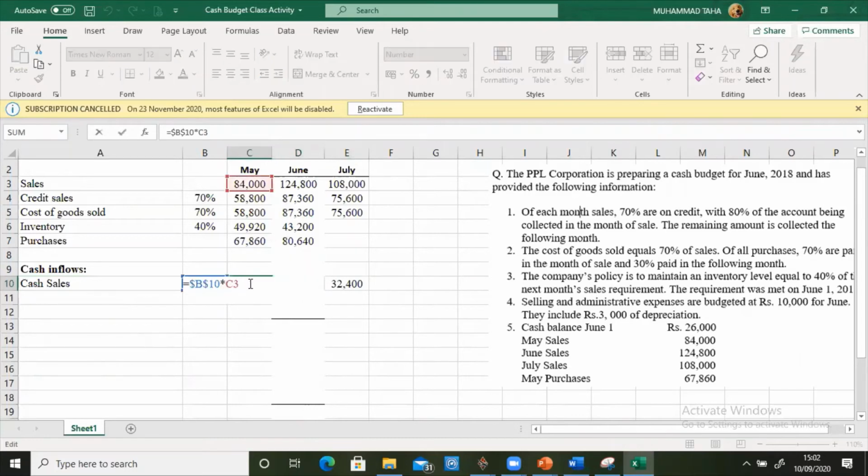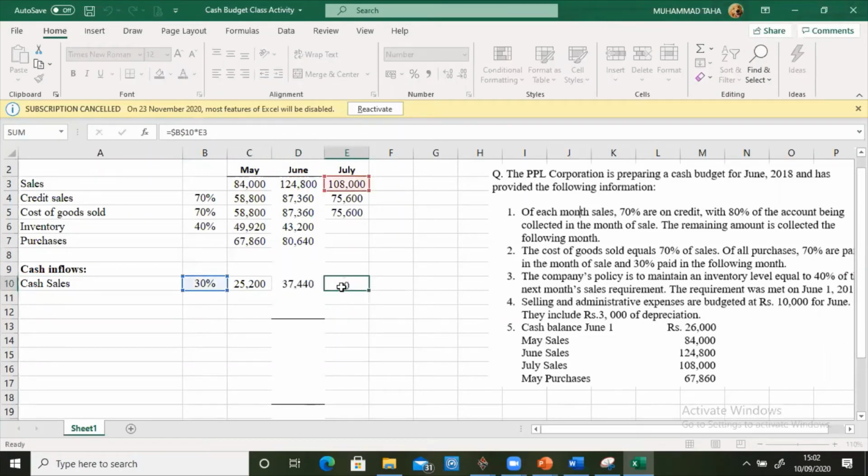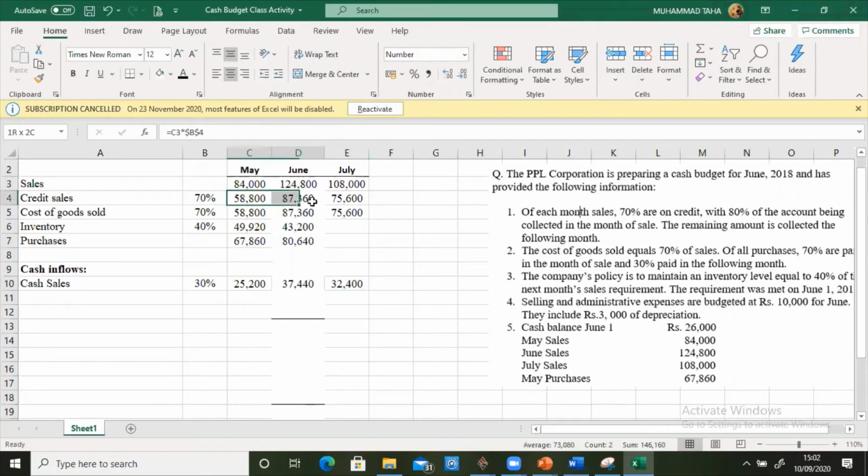So of the sales amount, 30% you're going to get immediately in the form of cash and 70% will be in the form of credit. Now of this remaining 70%, it's written that 80% of the account is collected in the month of sale. So of this 70%, 80% will be collected in the same month.